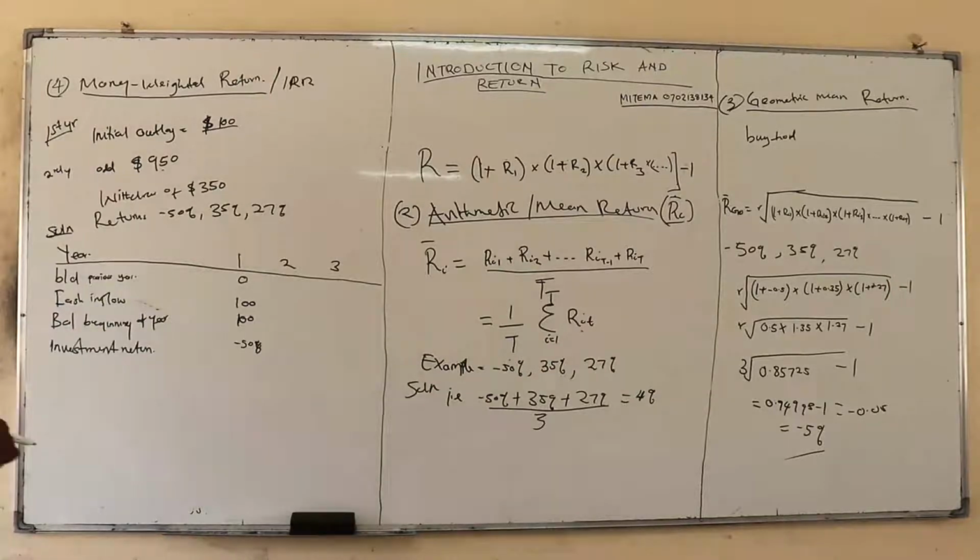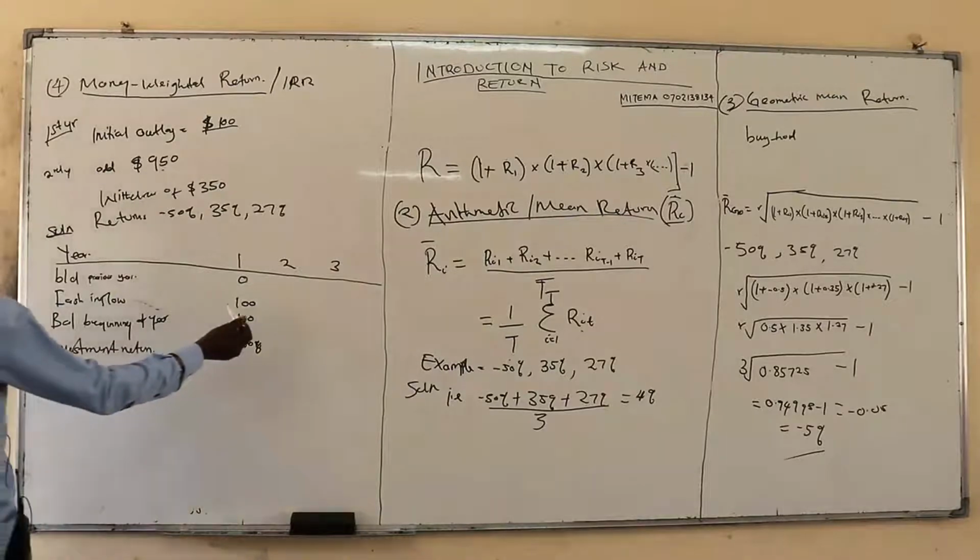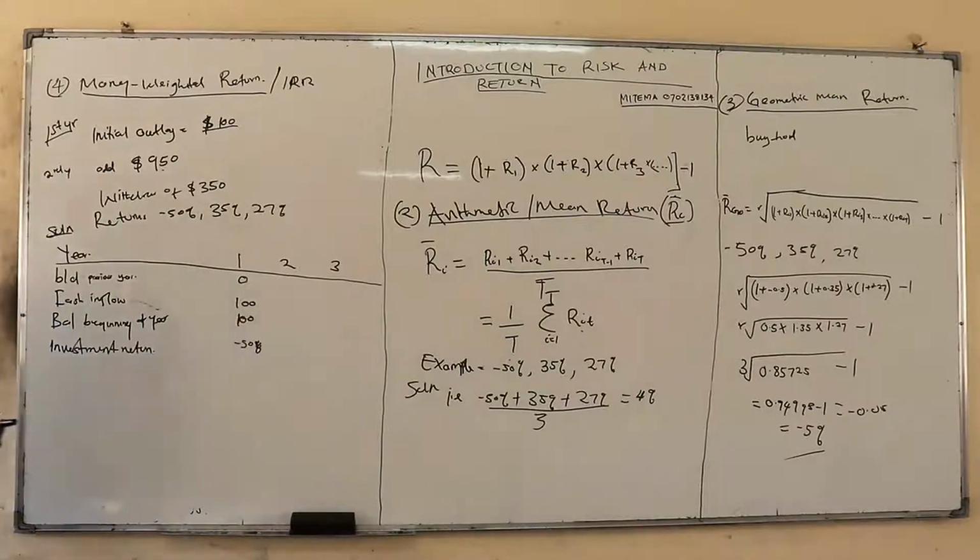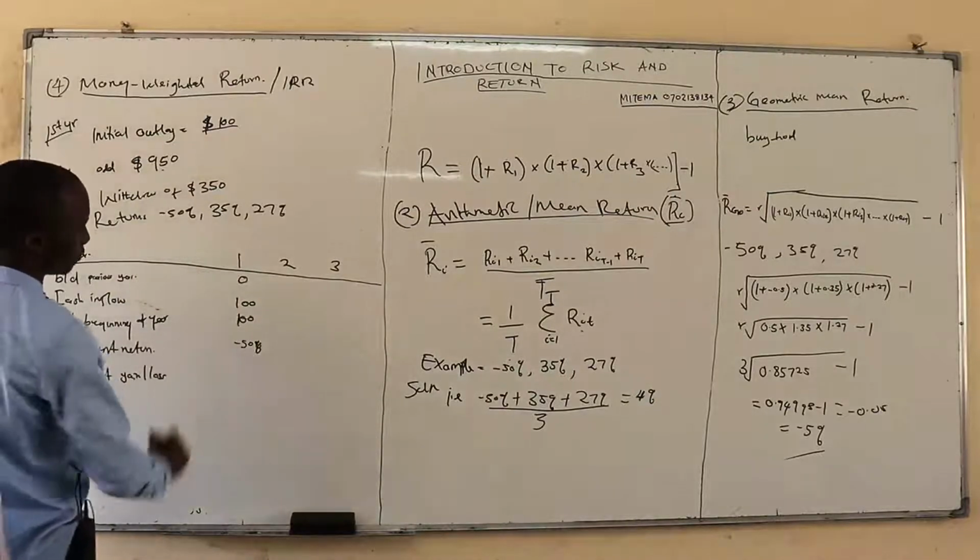Then let's look at the investment gain or loss. If he is going to have a return of minus 50% on an initial investment of 100, this is a loss, not a gain. So you have investment gain or loss, but now it is a minus 50% return.